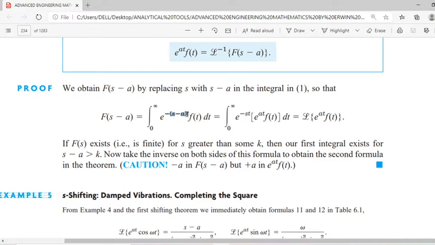So S minus A should be some positive number k, it can be 0.1 or 0.2 or 1 or 2, whatever it is. K should be a positive number. So to ensure the existence of the integral, we should ensure S minus A is greater than k.